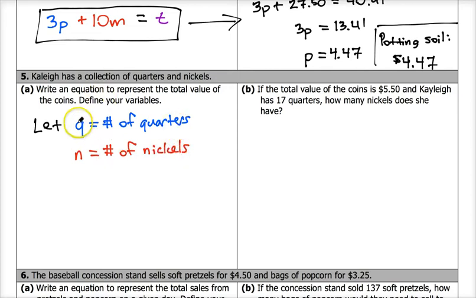And again, if I combine the number of quarters with the number of nickels, I'm going to get my T, total dollar amount, or total value.